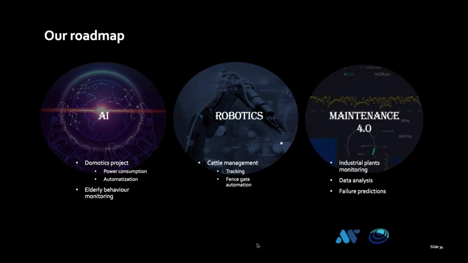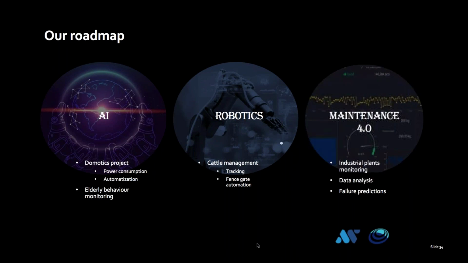So our roadmap: we would like to implement AI solutions, for example in the Domotics project, to analyze the historical data and to learn about the rules the user sets. We are working on elderly behavior monitoring, to understand the behavior of the elderly and whether it is normal or abnormal.